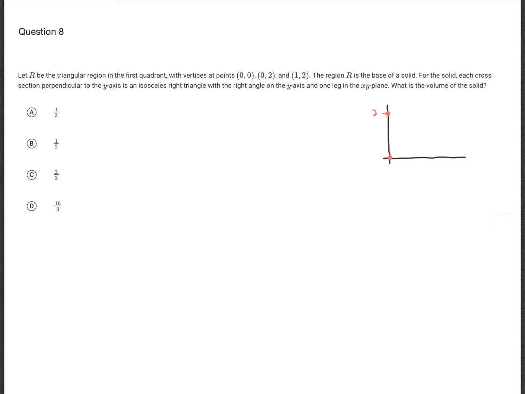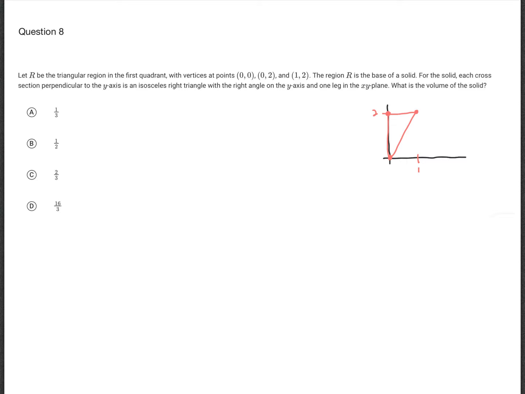And then here there's 1, 2 up here. And so this is the triangular region. And that's the region R that they described, this region here.